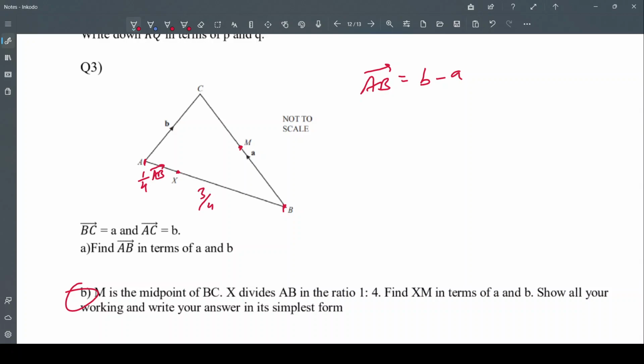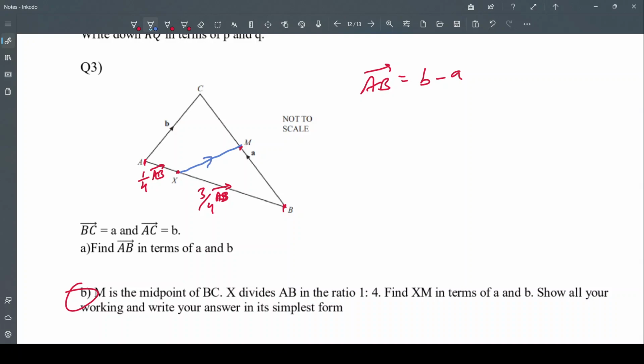And this will be 3/4 of AB, as we have already discussed. So find XM. We have to find out this length, X to M.